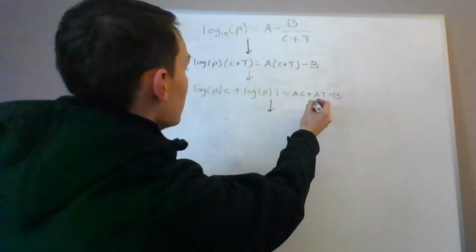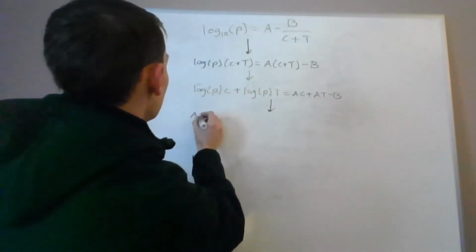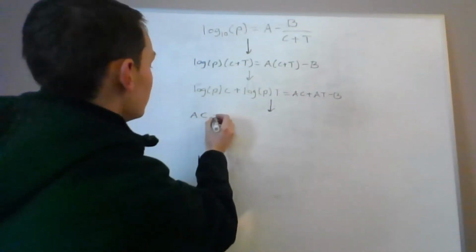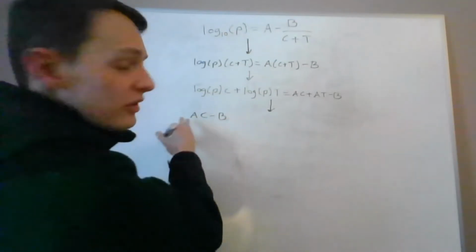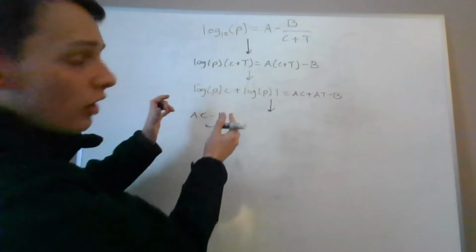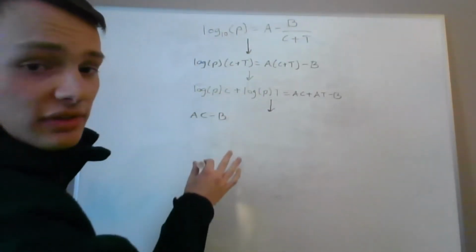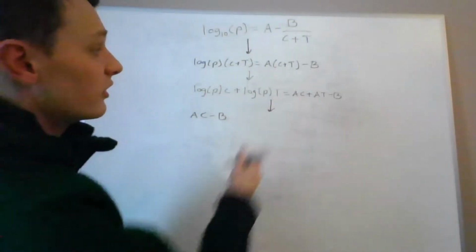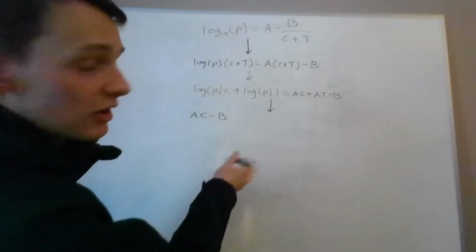So what we're going to have here is, we'll write this on the left side. So we'll have A times C minus B. Because these are all our unknown coefficients, I'm going to just group them all together like that. I didn't do anything to them. I just moved the minus B term over.